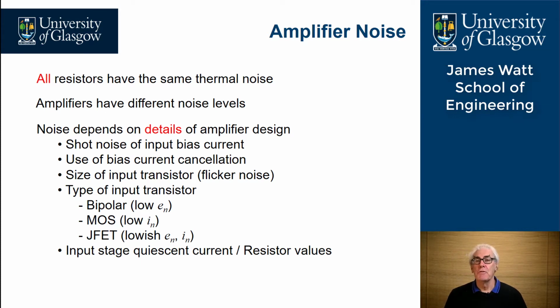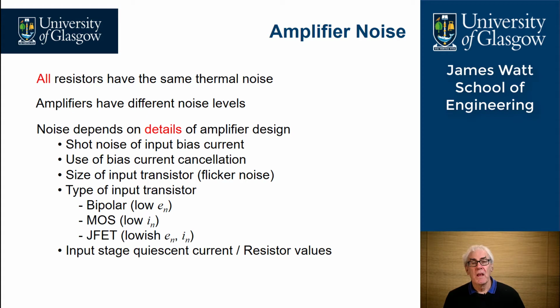Some amplifiers use bias current cancellation, which introduces more noise. The different sizes of input transistors they use in the input stage of an amplifier can give rise to flicker noise. And also the type of transistors, whether it's bipolars or MOS or junction FETs, all have different characteristics regarding noise.